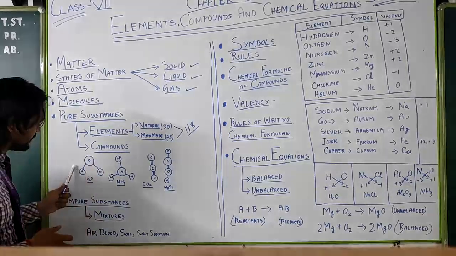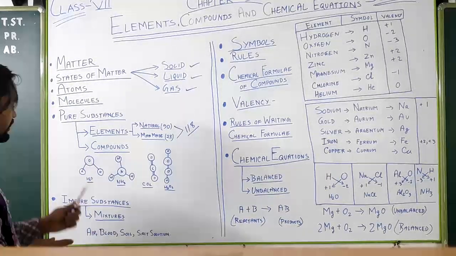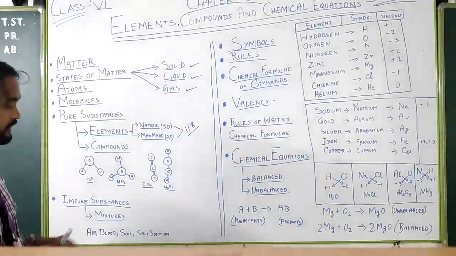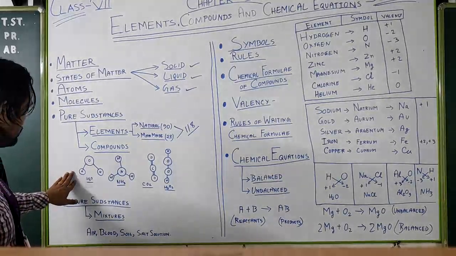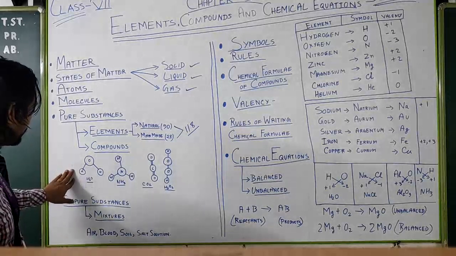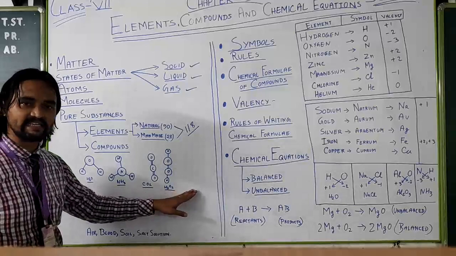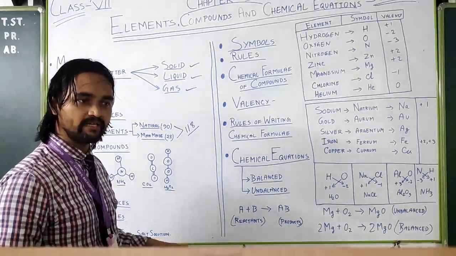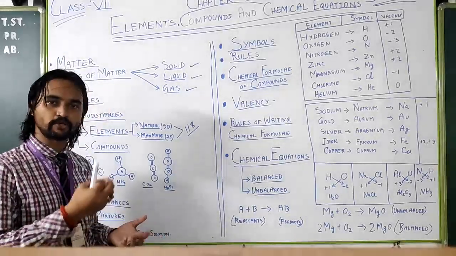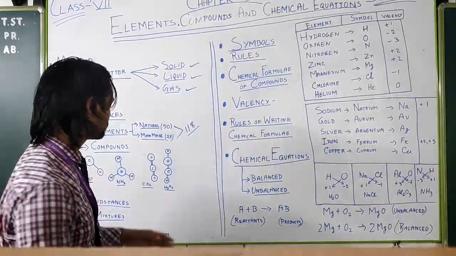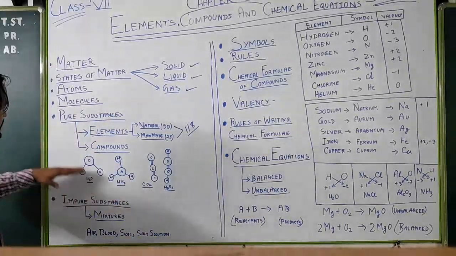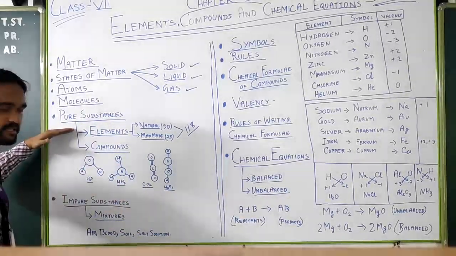So it is the pure form of the water. Now similarly, ammonia, carbon dioxide, H2O2, NaCl, that means sodium chloride, that we use as a salt in our food. All these compounds exist in pure state.